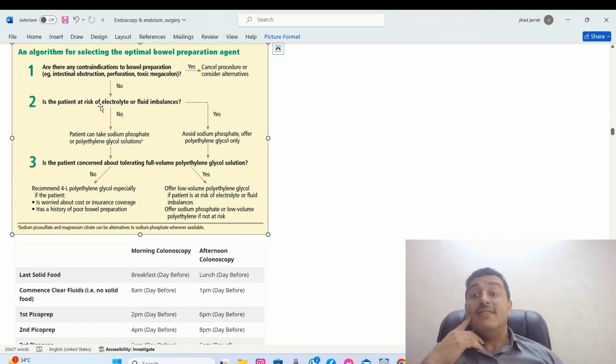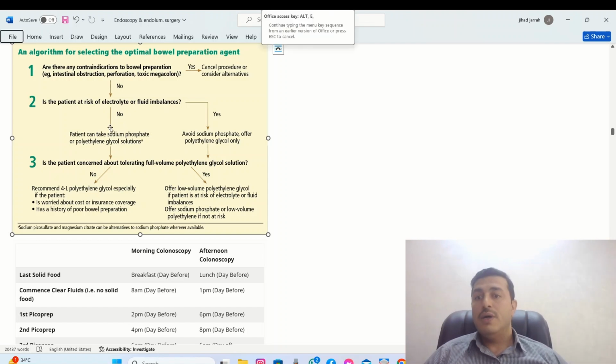Is the patient at risk for electrolyte or fluid imbalance? If no, he can take polyethylene glycol or sodium phosphate.